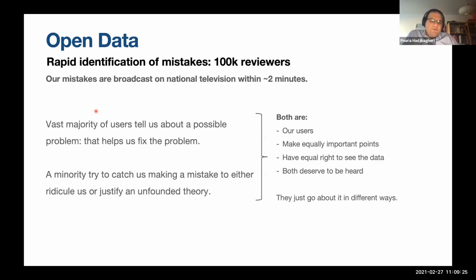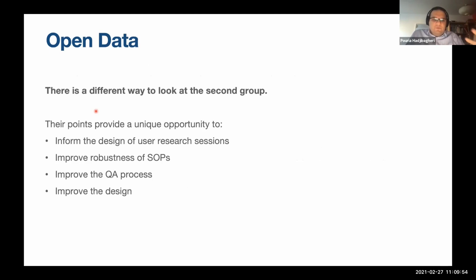There is a very small minority who try to catch us making mistakes to either ridicule our work or justify some unfounded theory, say that the pandemic is a hoax or whatever. But at the end of the day, they're both our users, they're both equally important, and they both have the right to see the data and deserve to be heard. They just go about it in different ways.